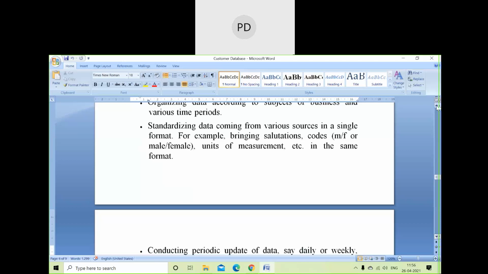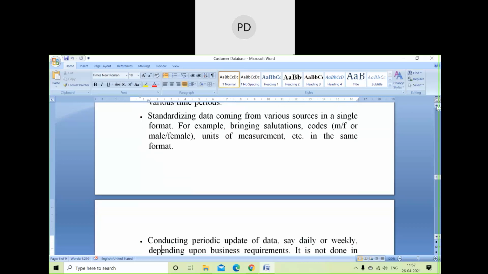All the people who use this platform have to put the data into that format only. For example, for distance we measure only in kilometers, not centimeters. So all measurements of distance have to be in kilometers, and we have to write kilometer-wise only. It means standardizing all forms of data.